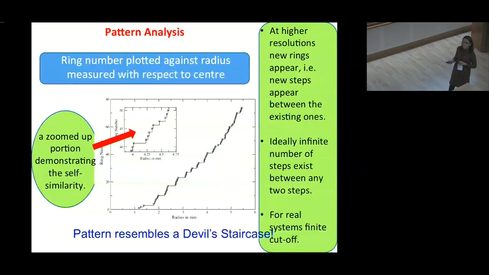So we say that the pattern shows self-similarity, and it resembles the devil's staircase in fractals, which ideally has an infinite number of steps between any two steps. But of course, ours is a real, finite system, and therefore there is a finite cutoff.